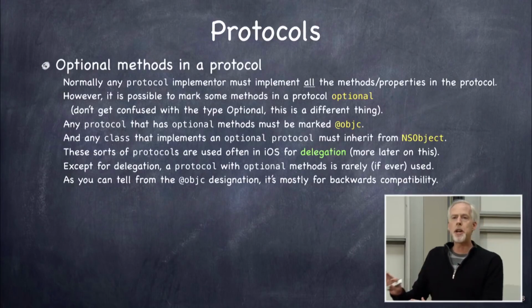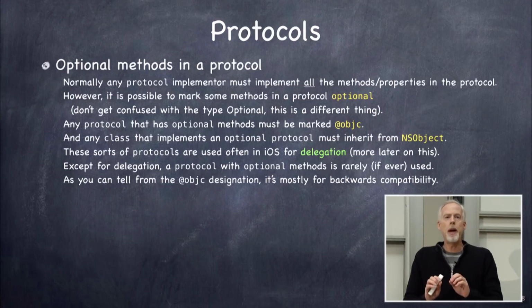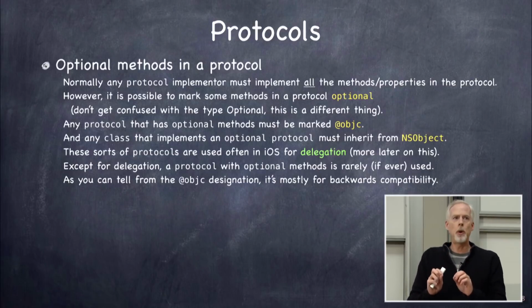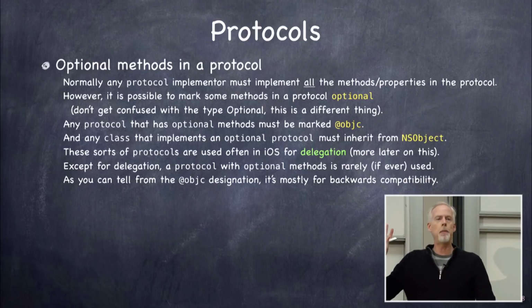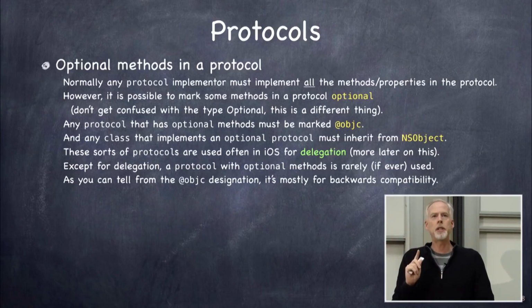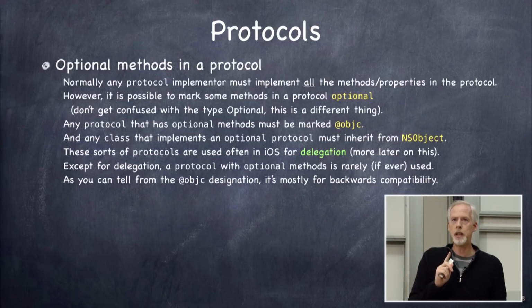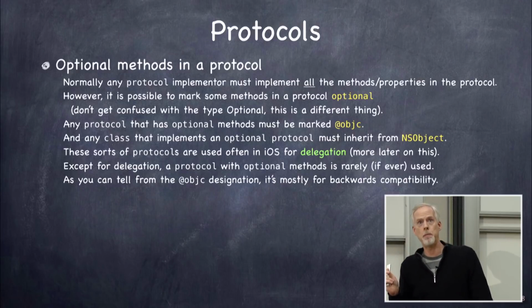Now I'm going to take a little aside, and I'm not even going to spend too much time on this, but all the methods and vars in a protocol are mandatory. If you want to raise your hand and say, I implement this protocol, if you're a struct or an enum or a class, you have to implement all the methods and all the vars, okay, in Swift. However, in Objective-C, that was not true. Okay? In Objective-C, protocols could have optional methods or vars in the protocol that you could choose to implement or not.